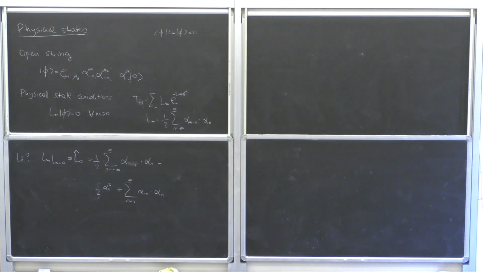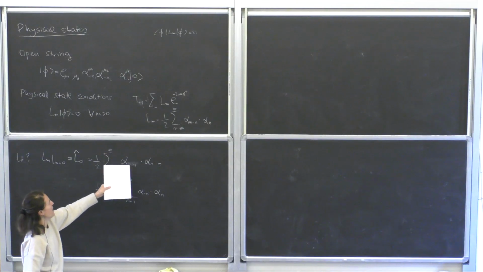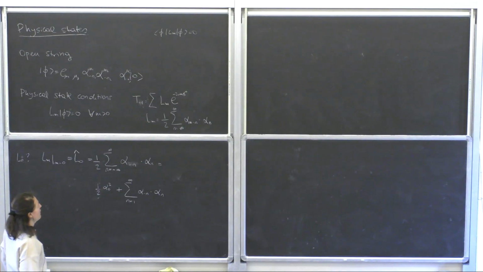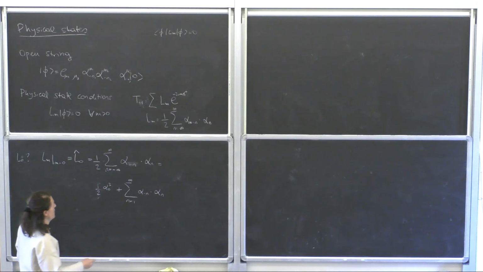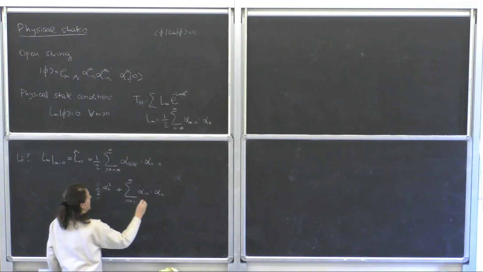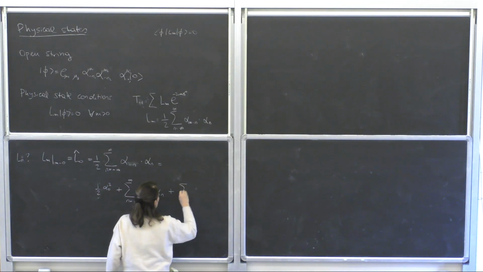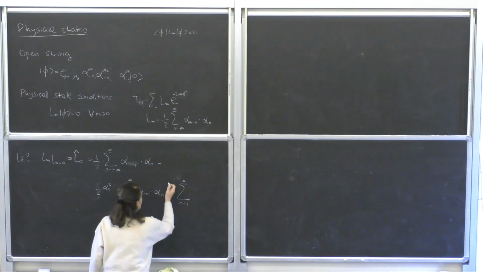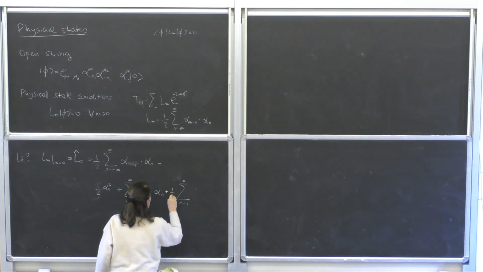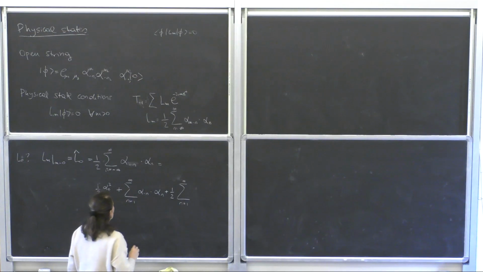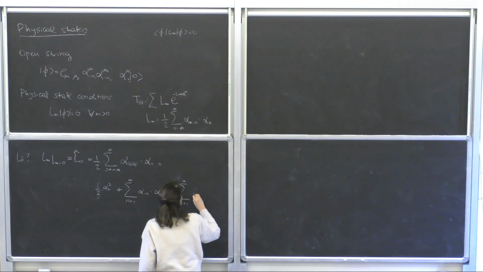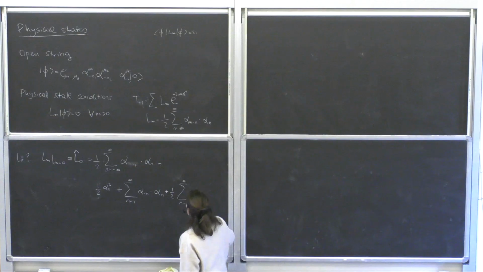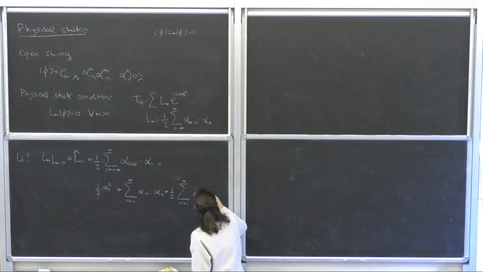And then I have the commutators of alpha minus n and alpha n, and that's equal to the sum n equals 1 to infinity of 1/2 of the commutator of this, which is n, and then the eta mu nu, right?